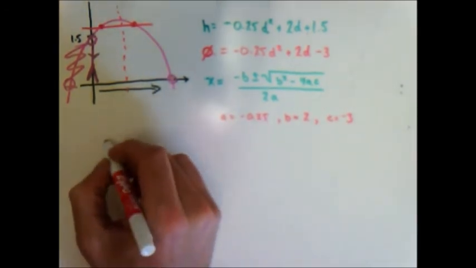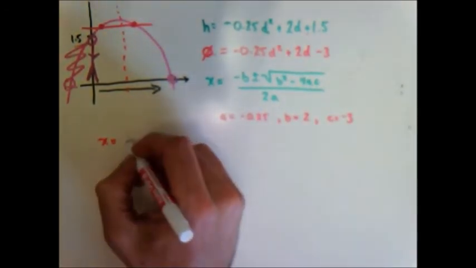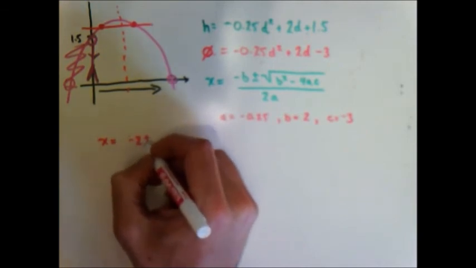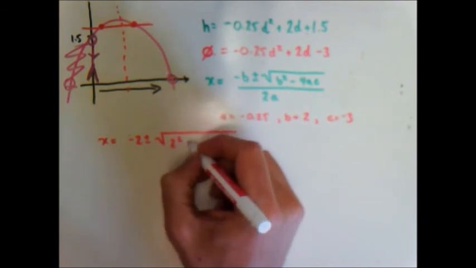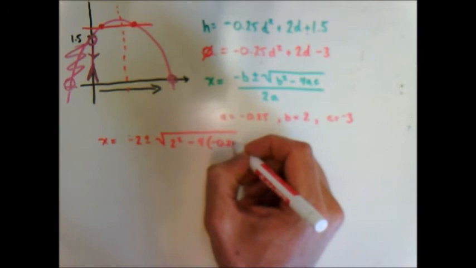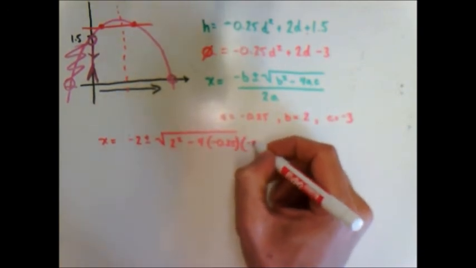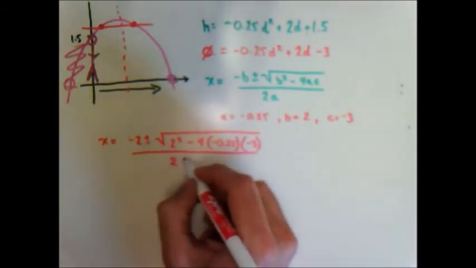And I can go ahead and sub those into my quadratic formula. So we have negative b, which is negative 2, plus or minus the square root of b squared, which is 2 squared, minus 4ac, all over 2a.